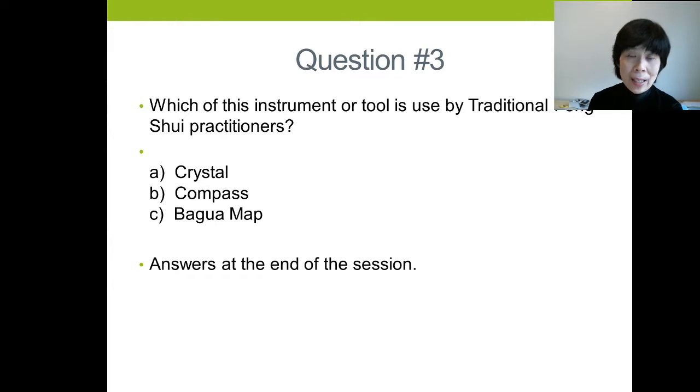Or is it C, a Bagua Map? So I'll give you a few minutes to answer this question. Again, the answers at the end of the session. So let's get on to our presentation.